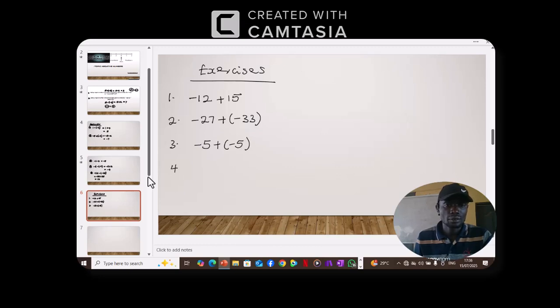Number 4 is 11 minus 4. And the last one is 15 plus minus minus 3.